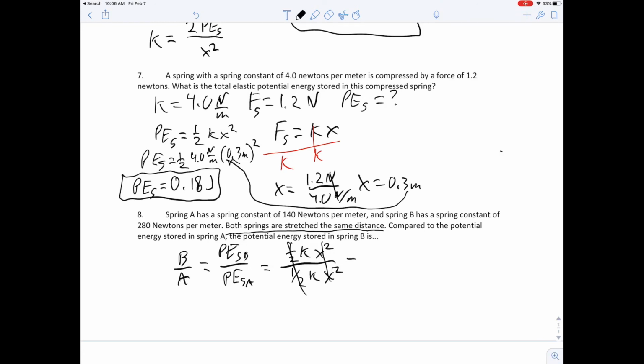They both have 1/2, but the only difference is their K values. So B is 280 newtons per meter and A is 140 newtons per meter.